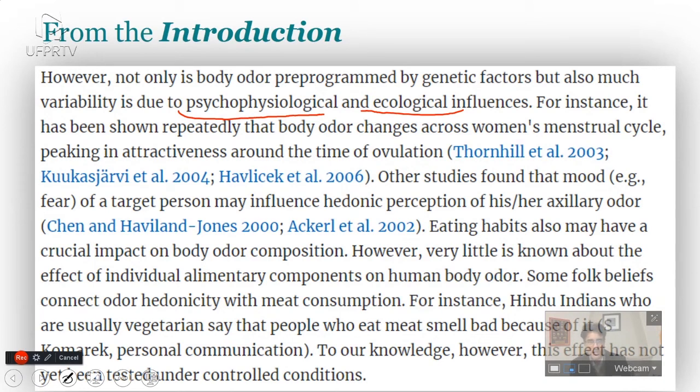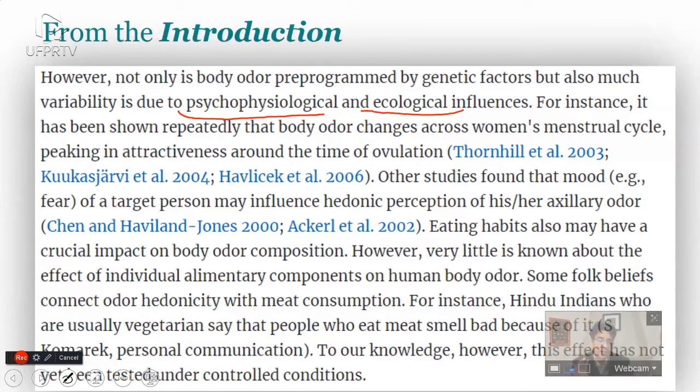They say, for instance, it has been shown repeatedly that body odor changes across women's menstrual cycle, peaking in attractiveness around time of ovulation. So that's going to be a variable they will control in the method section, as we discussed. Other studies have found that mood, for example, fear of a target person may influence hedonic perception of his or her axillary odor. So you have mood there.